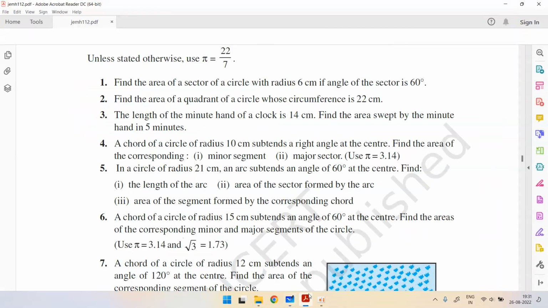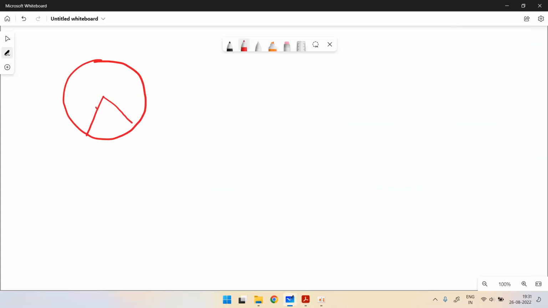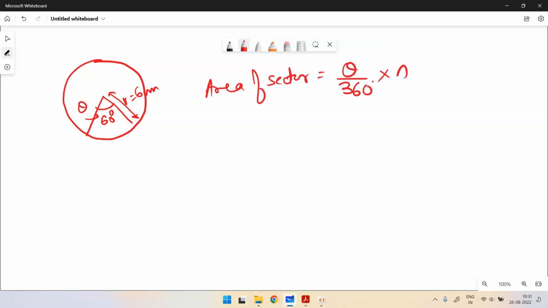R is 6 centimeter, this is theta, 60 degrees. Area of sector, you know, is theta degree by 360 degree into pi r square unit square. Put the value of r and theta and you will get the answer. Since r is in centimeter, you will get the unit as centimeter square.